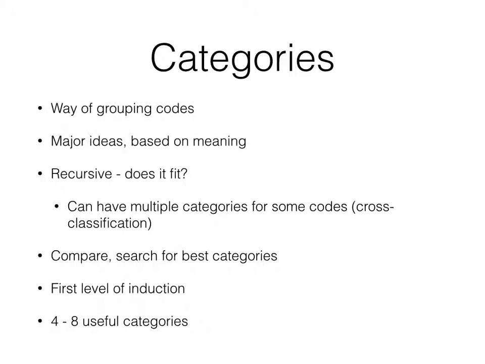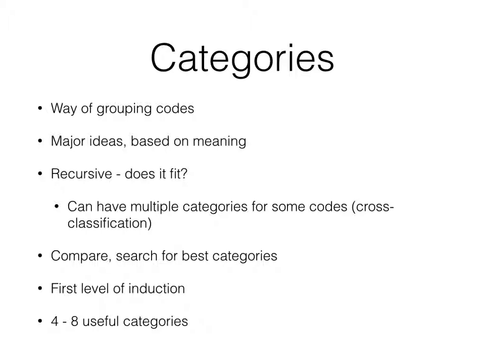And there are sometimes multiple categories for which the codes fit. There's often a comparison process: is that really the best category for that piece of evidence? You're narrowing down at this point.